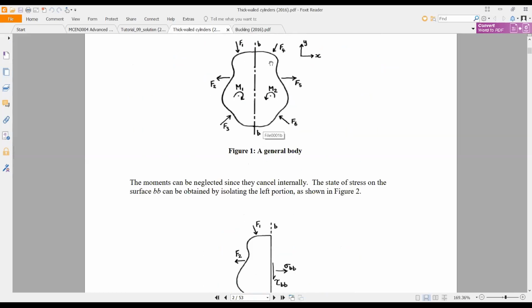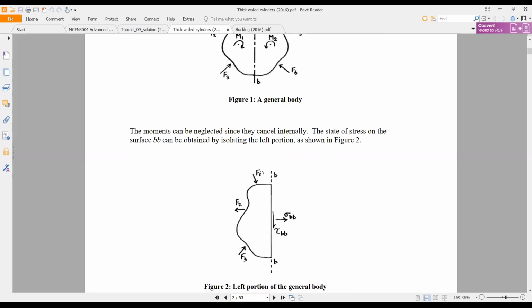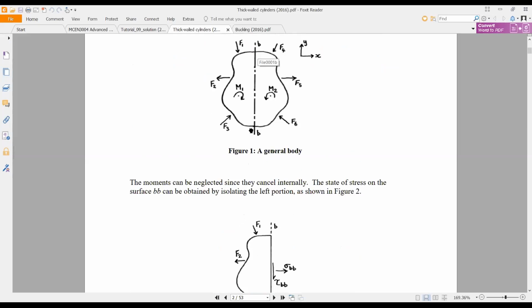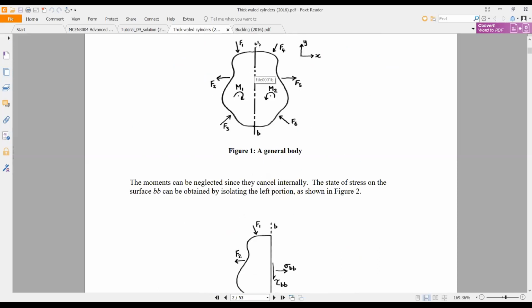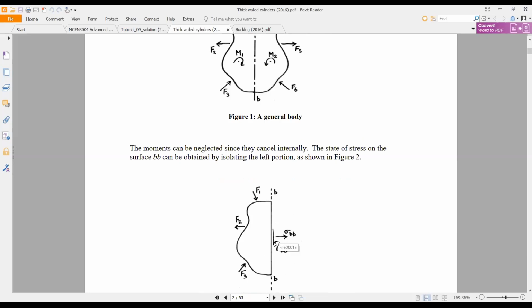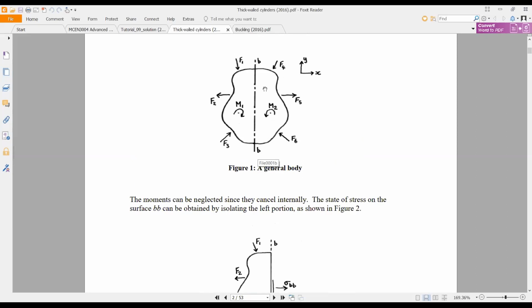There are some forces labelled here, you can see. Now I will consider the left side half. There are remaining forces, and when you separate this system through the BB axis, you need to introduce additional forces on the BB plane, because this system was in equilibrium with the right hand forces as well.